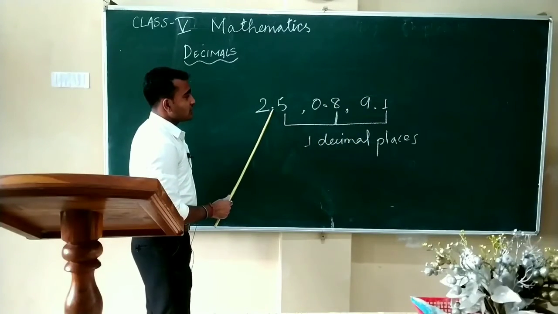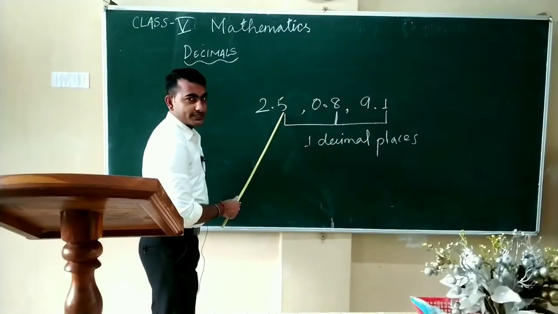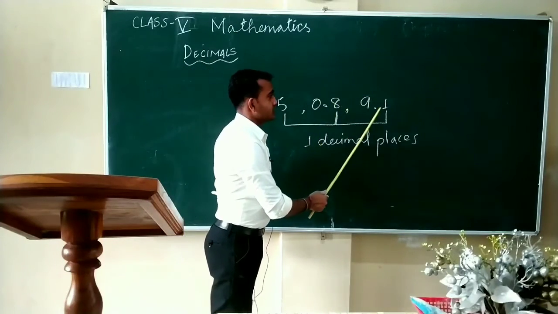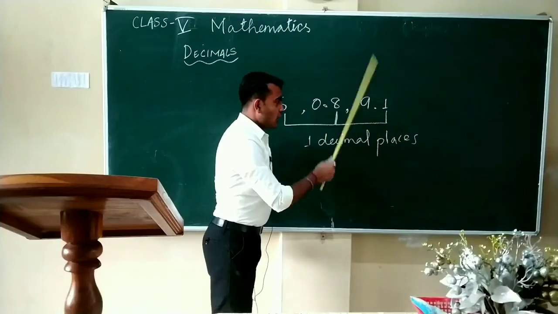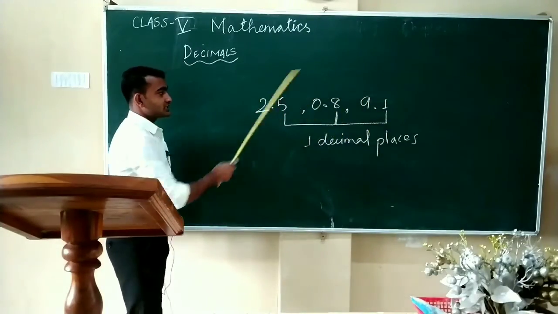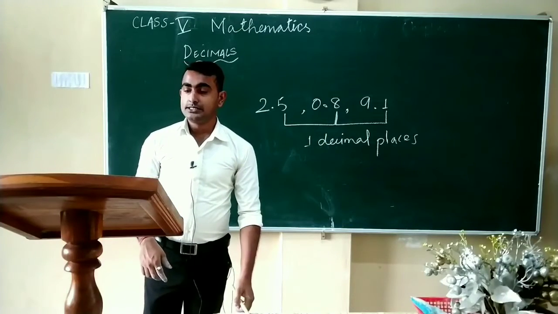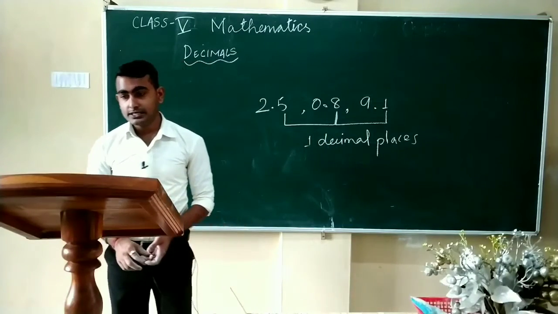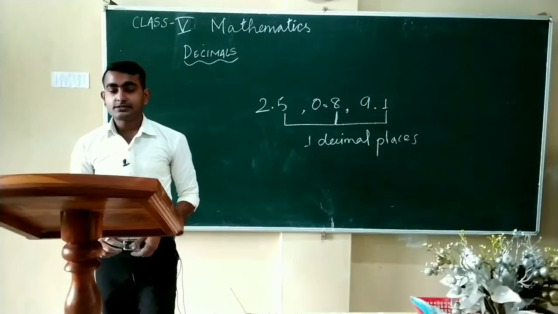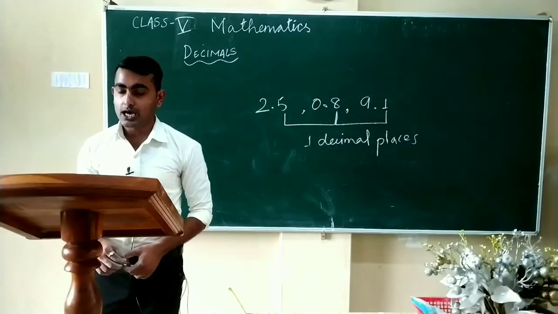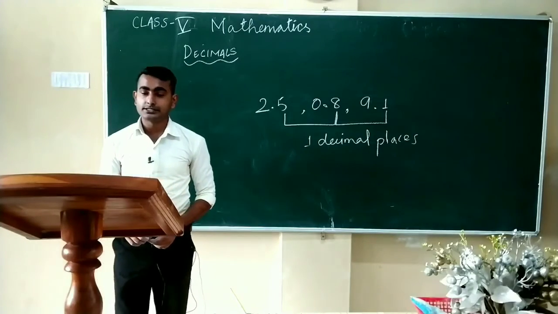After the decimal, one decimal place. Here also, after the decimal, one decimal place. Here also, after the decimal, one decimal place. So these decimal numbers are called like decimals.